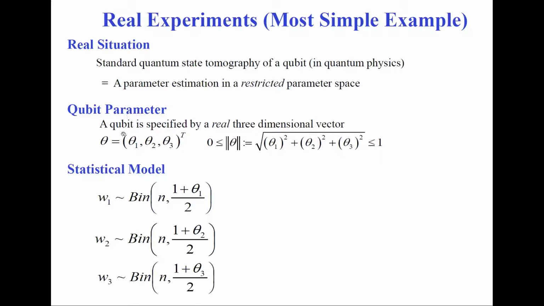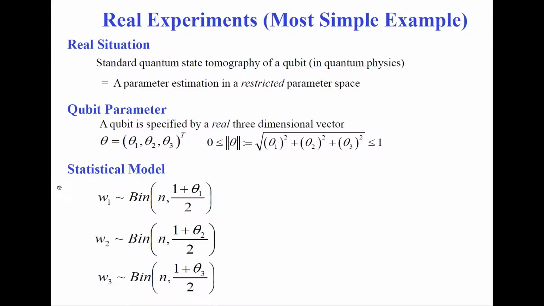The single qubit is specified by a real three-dimensional vector. So from experimental data, we want to know each vector component. But it has a restriction: the norm of the vector is equal to or smaller than 1. This is a restriction on the parameter space.